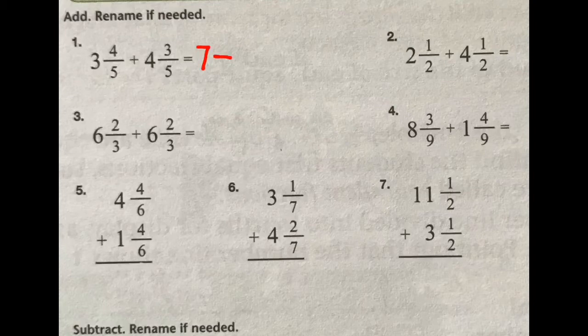Now we'll add the fractions. 4 plus 3 is, did you say 7? 4 plus 3 is 7/5. All right. Okay, now, if you notice, do you see that we have an improper fraction right here?